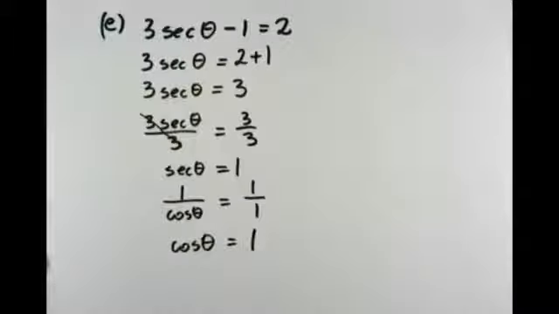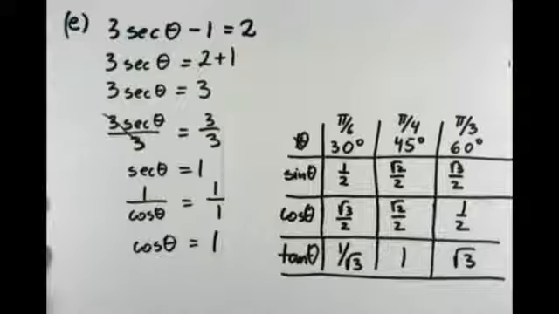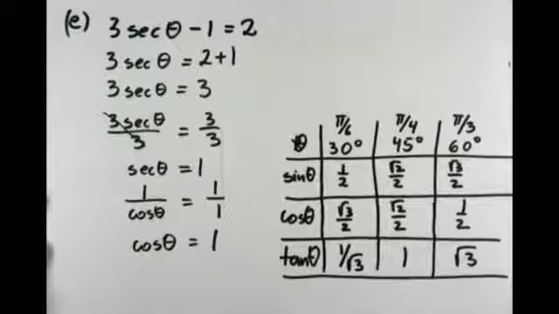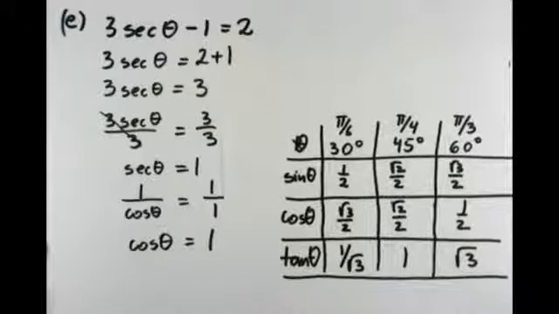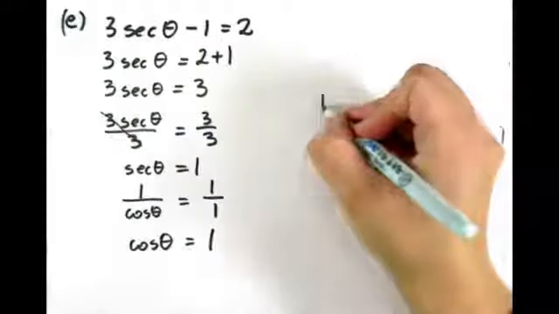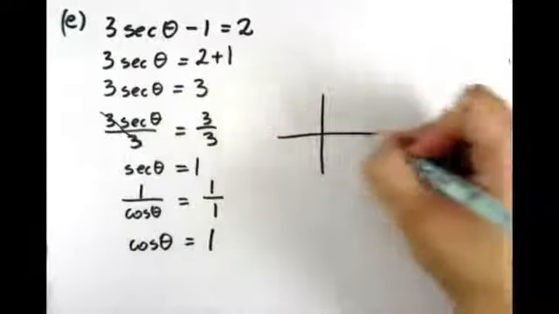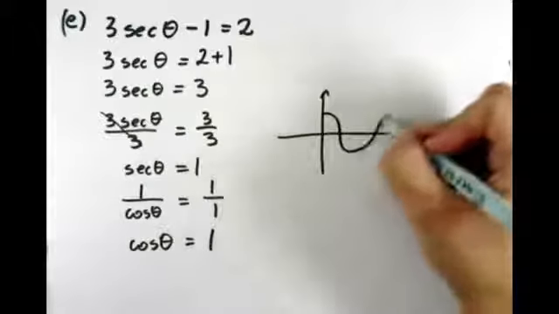For what angle is cos theta 1? When I look into my chart, I don't have 1. 1 is called the quadrantal angle. I'm getting this from the graph of cos theta. If I draw the graph, I know that the graph of cos theta has a wave shape.